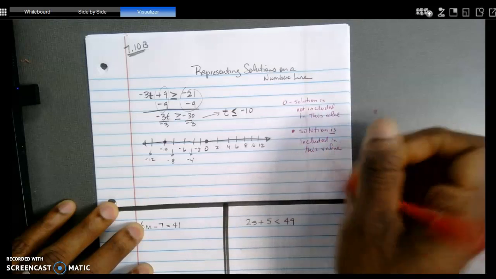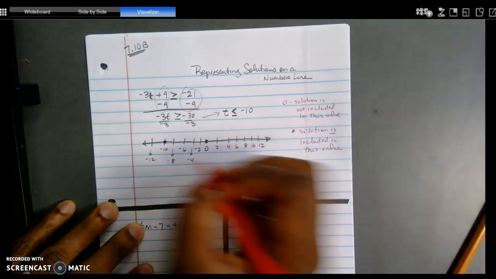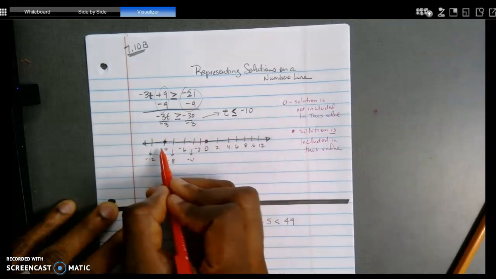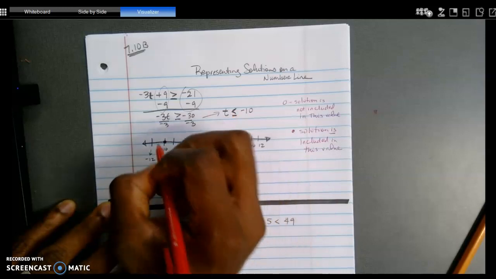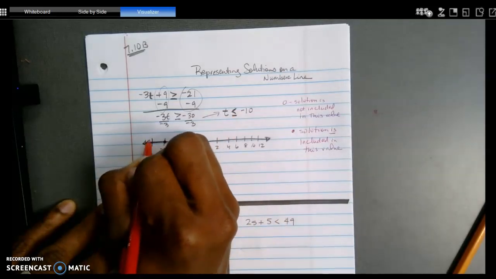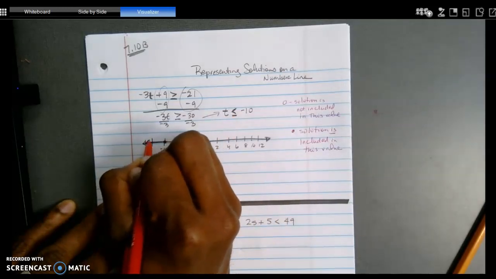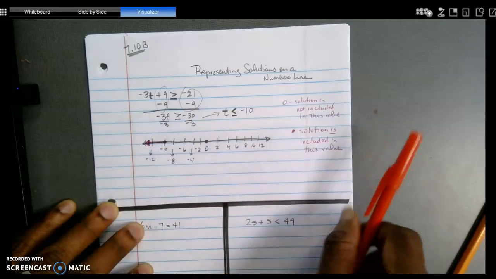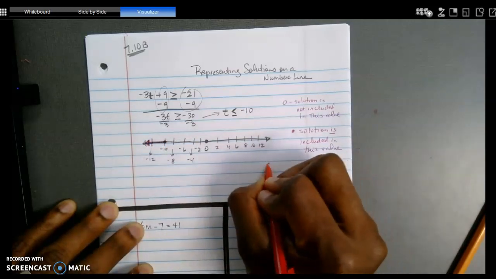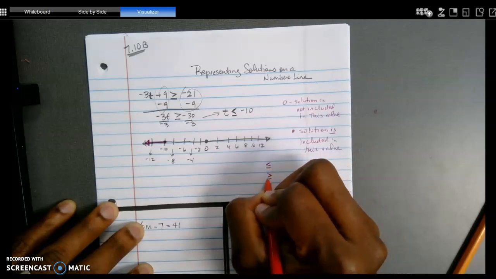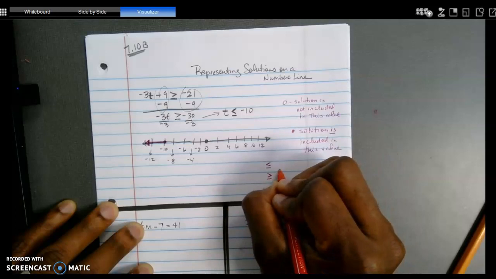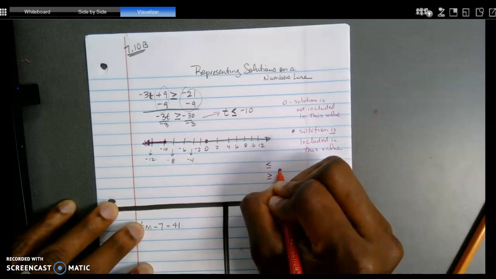Okay, and I apologize for my handwriting. All right, so now I know that my solution is included in this value, because again, it is less than or equal to, so I'm going to draw my arrow this way for my solution. So again, less than or equal to or greater than or equal to would have a closed dot.